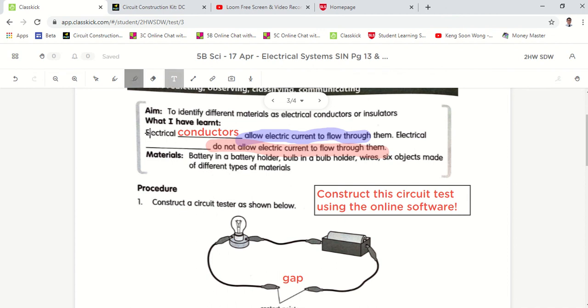So conductors allow electric current to flow through them. Electrical insulators do not allow electric current to flow through them.